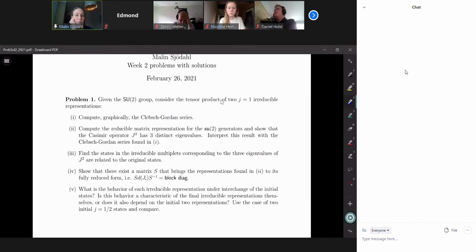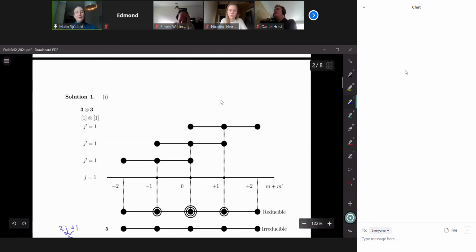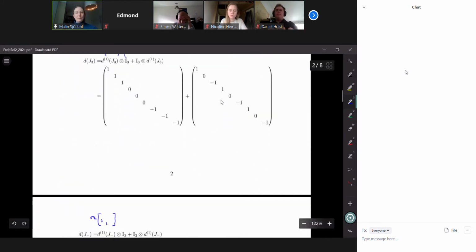The task is to compute the reducible matrix representation for the SU2 generators and show that the Casimir operator J square has 3 distinct eigenvalues. And then we should interpret that in the light of the first solved exercise. Okay, and that takes a bit of work.